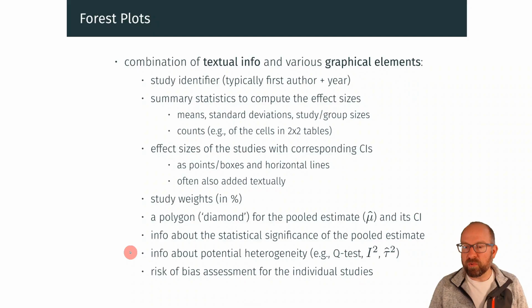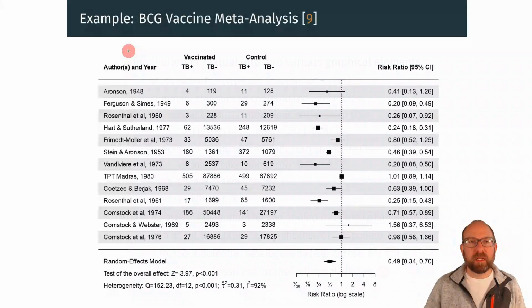That is the Q-test, maybe the I-square statistic, or the estimated variance in the true effects. And sometimes you also see that risk of bias information is added to the forest plot itself, but this is optional, of course. So let's look at an actual forest plot.